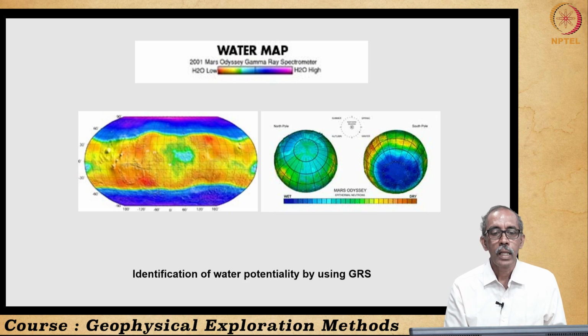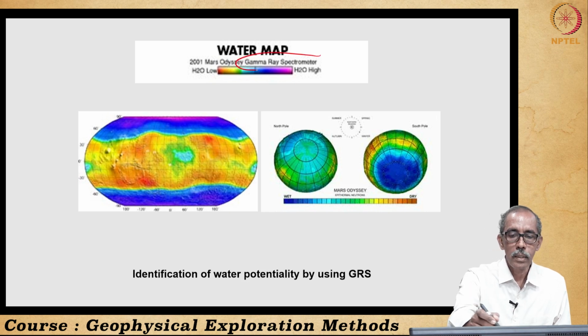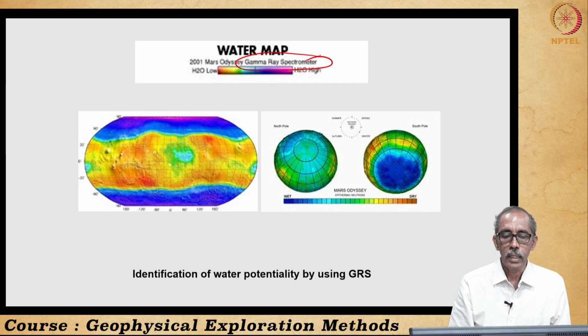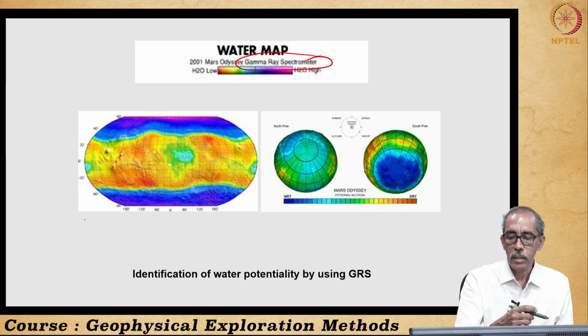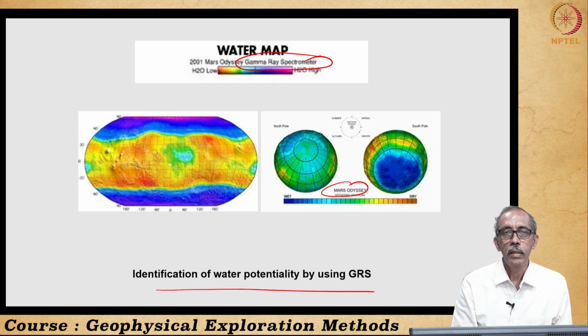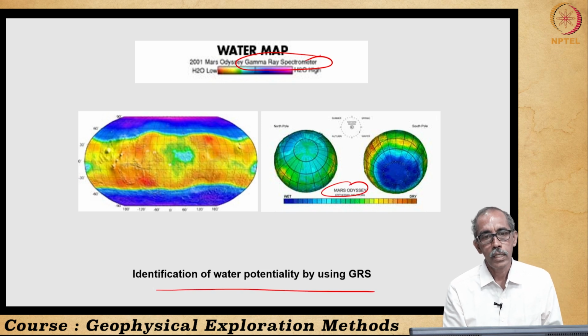Here is Mars. The planet Mars was mapped using a gamma ray spectrometer. Here you can see the variation on the surface of Mars, mapped to identify whether there is any presence of water by using a gamma ray spectrometer.